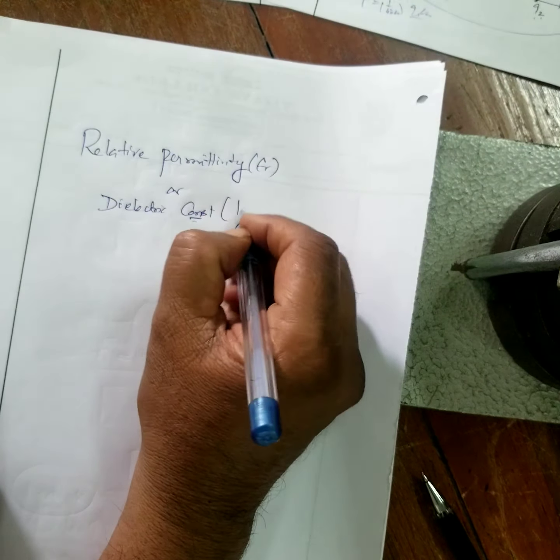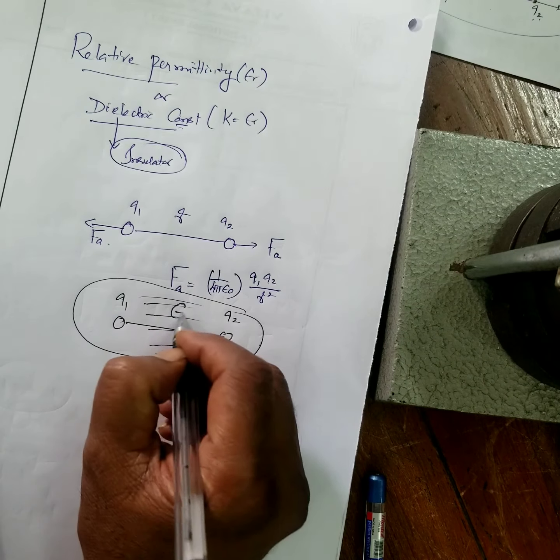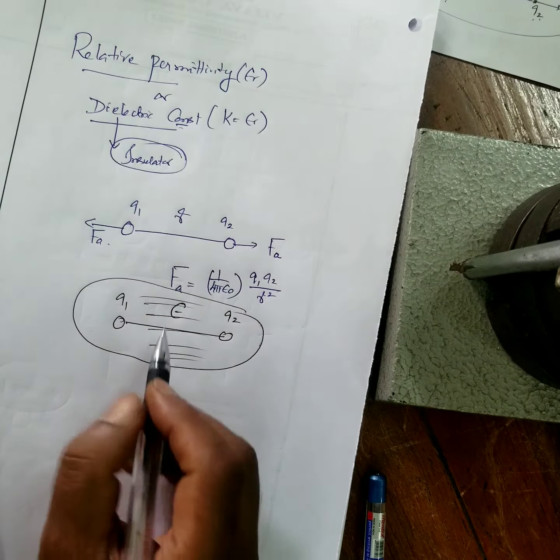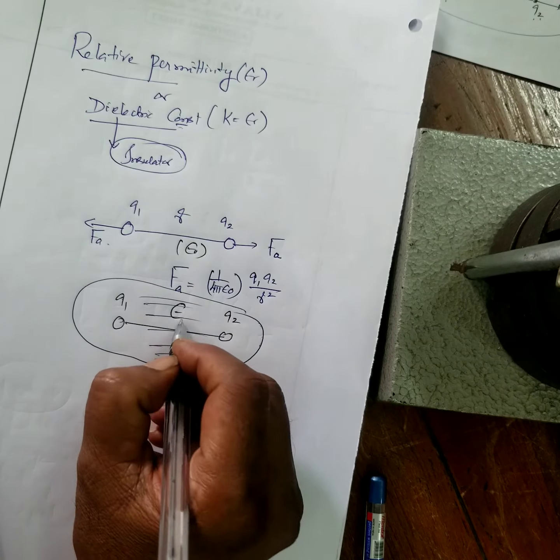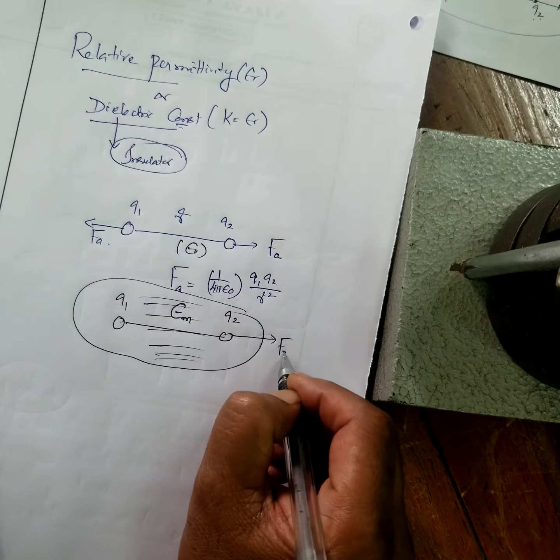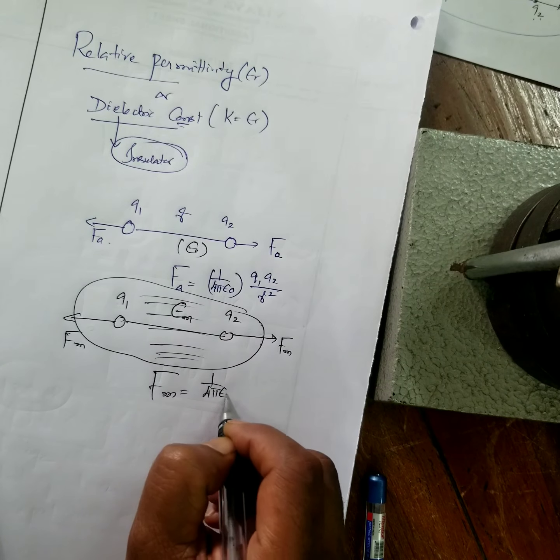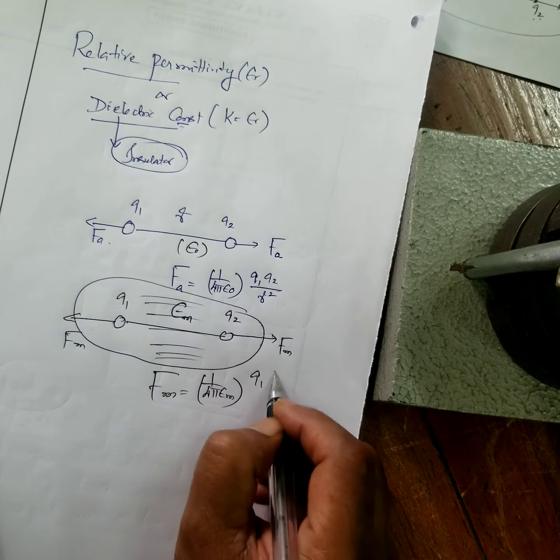Now the same charges Q1 and Q2, keep them in some other dielectric medium. Here epsilon naught is the permittivity of free space, and this is epsilon medium. Then what is the force in that medium? The force in medium is equal to 1 by 4 pi epsilon medium Q1 Q2 by R square.